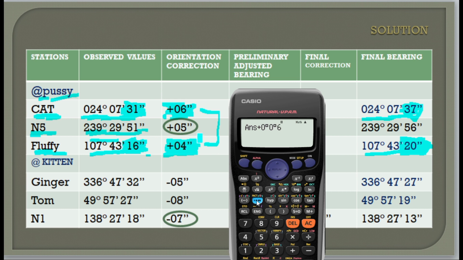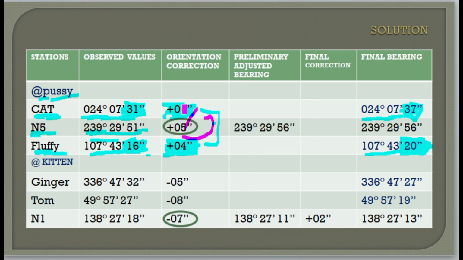After getting a total of 10, we divide it by 2 and we get our mean as 0.5 seconds. So that is 0.5 seconds, the value that we are applying on the orientation correction column. So this is the first step on which we were supposed to calculate.